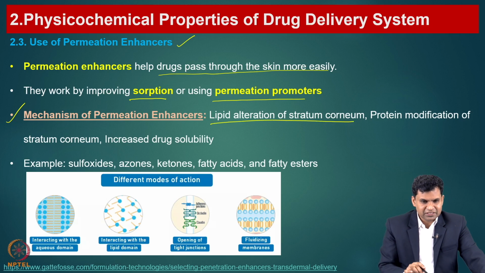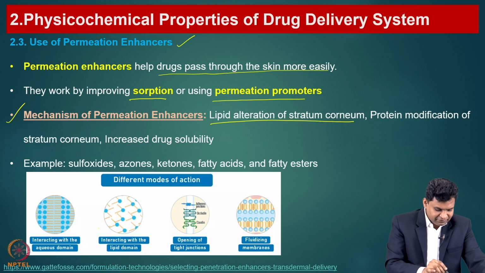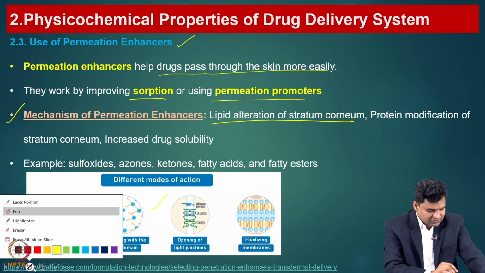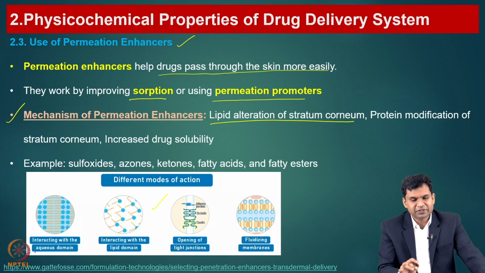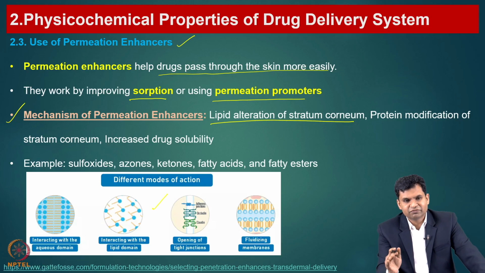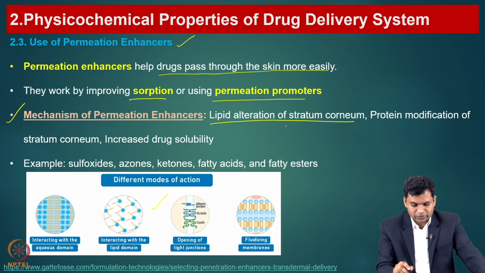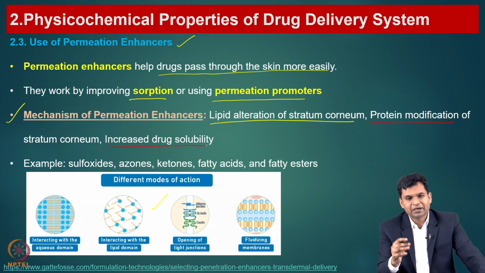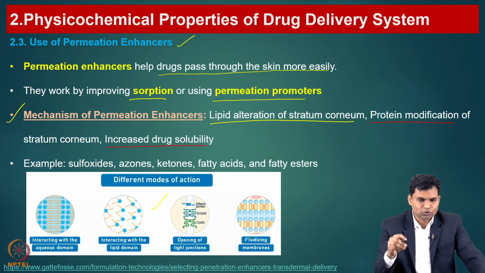They interact with the lipid membrane and change the structure or arrangement of lipids. Also, they bring about protein modification of the stratum corneum, and they increase the drug solubility within the stratum corneum.